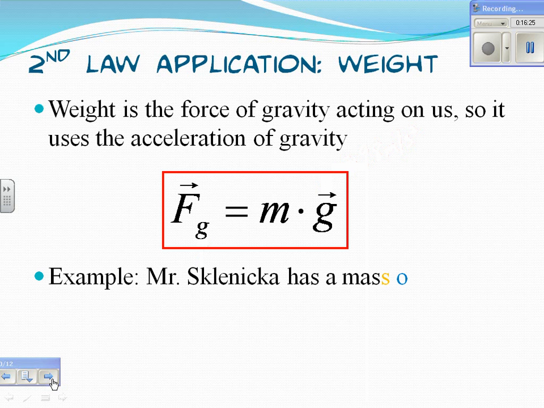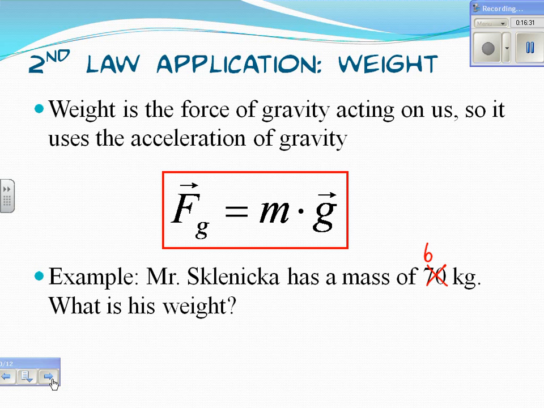So let's take an example. Mr. Splenica has a mass of 70 kilograms. That's actually not accurate. 67 kilograms. We want to calculate what my weight is. Well, we know the formula. It's right above us, so we have to define what the mass is. That's obvious, 67 kilograms. Remember, this has to be in kilograms, not grams. And g is going to be 9.8 meters per second squared.